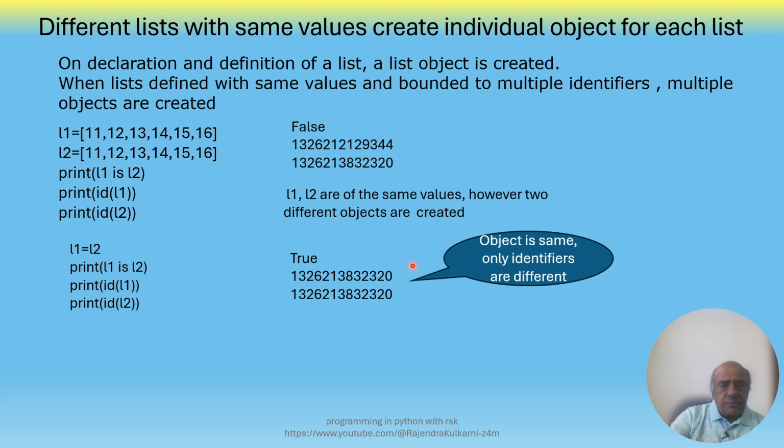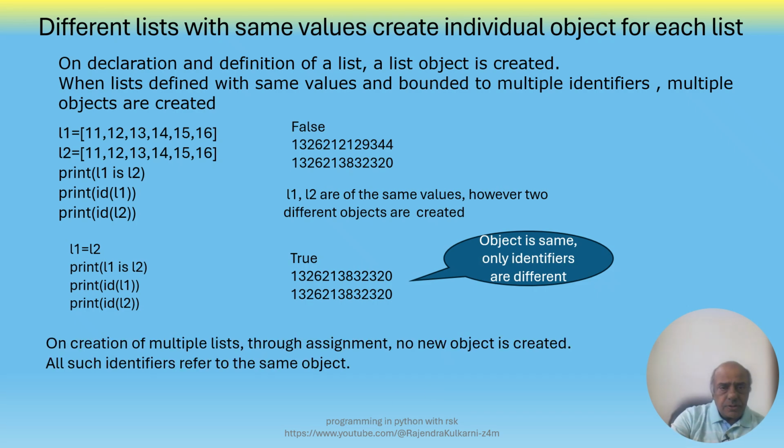Only the identifiers are different, the object is the same. So what we can understand from this program is that on creation of multiple lists through assignment, no new object is created. All such identifiers which have been assigned lists using an assignment statement of assigning one list to another refer to the same object.